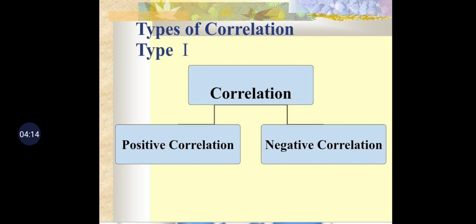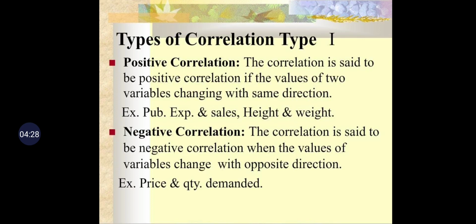First one is types of correlation. Type 1: there are three types, positive correlation, negative correlation, and zero correlation. Positive correlation: correlation is said to be positive if the values of two variables change in the same direction, for example, publicity and sales, height and weight.